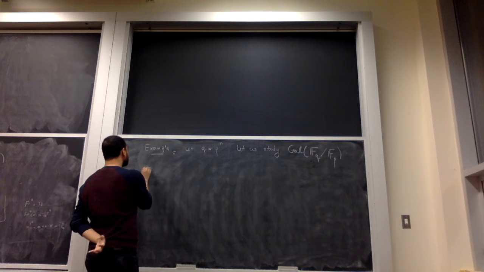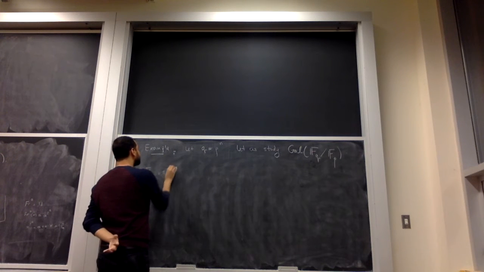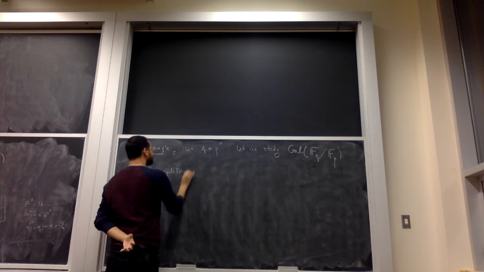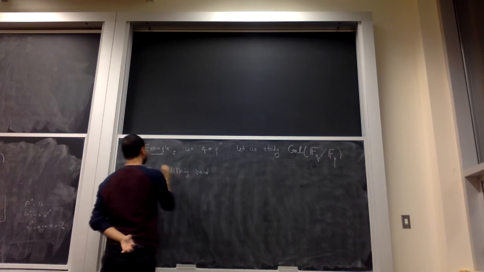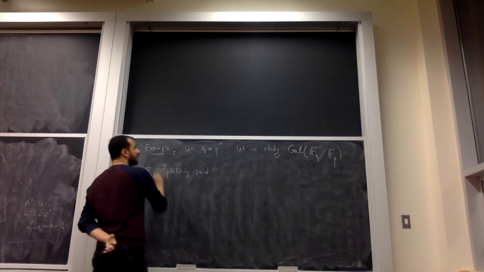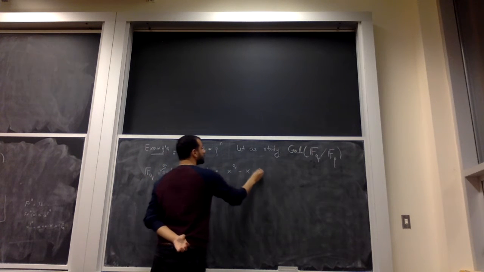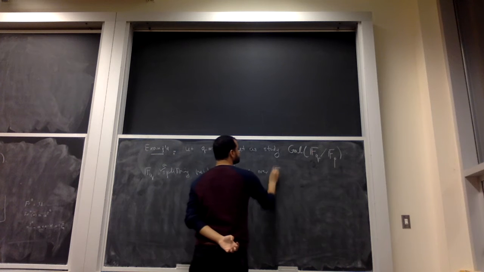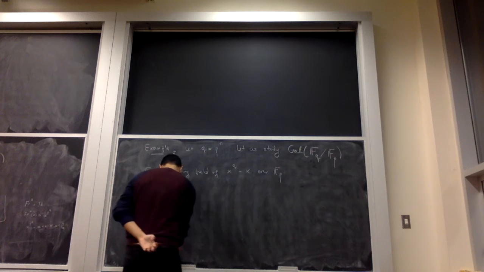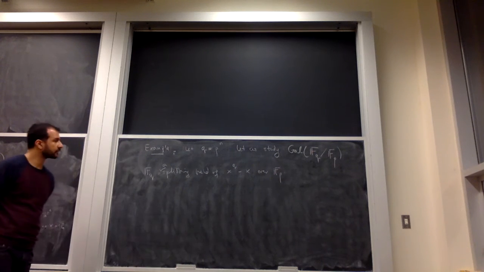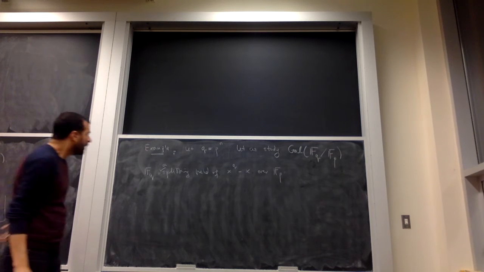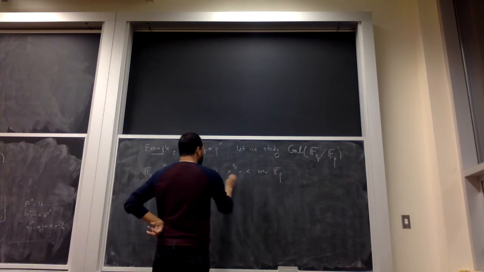F_Q is a splitting field of x to the power of Q minus x over F_p.